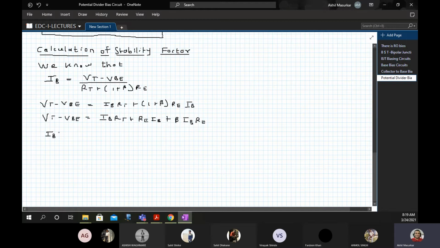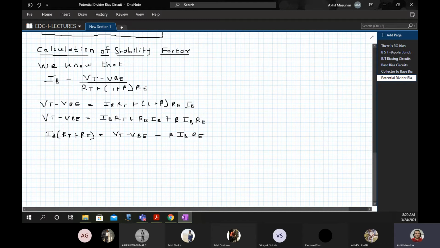So here we can write IB into (RT plus RE) is equal to VT minus VBE minus beta IB RE.